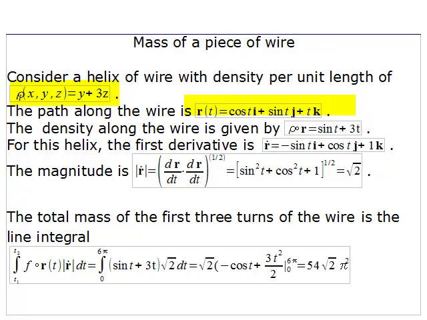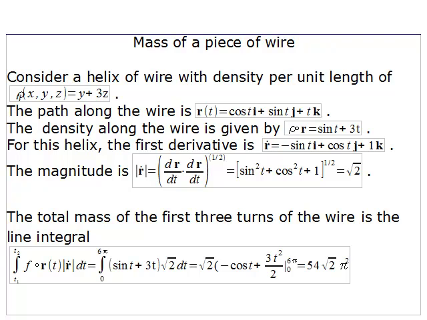I want to know the density along the wire. So first, I take the function, which I'm calling rho instead of f, and I compose it with the parameterization. That becomes sine t plus 3t, right? Let me clear the screen a second. I think sometimes people aren't sure how to do this. It's like this. Every place you have an x, you have to put cosine t.